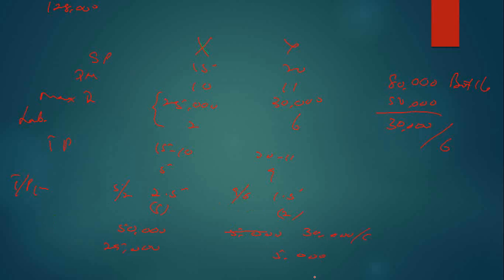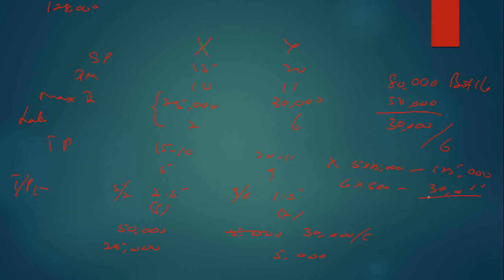That is what the throughput is going to tell you: produce 25,000 of X. When you produce 25,000 of X, you get 5 into 25,000, which is 125,000 throughput. And Y, when you produce 5,000, it is 6 into 5,000, 30,000.